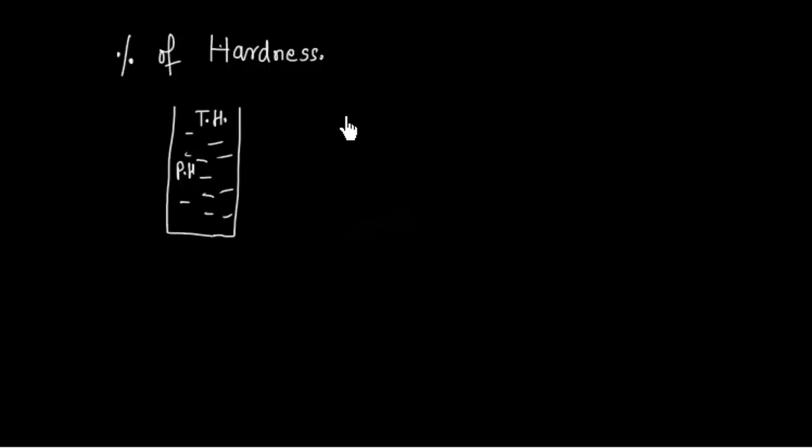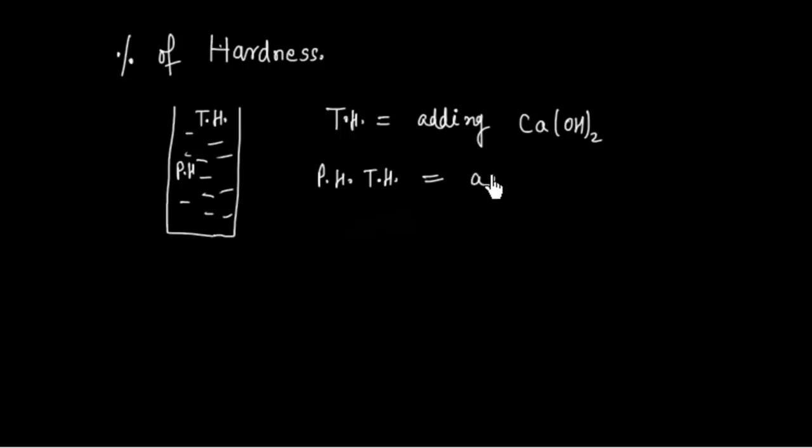So we said temporary hardness can be removed by adding calcium hydroxide. We also said permanent hardness plus temporary hardness both can be removed by adding baking soda, by adding Na2CO3.